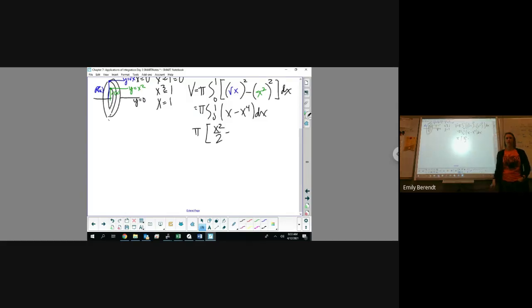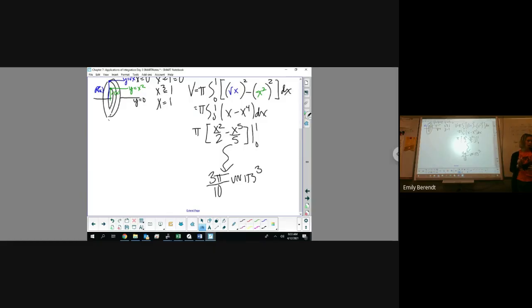X to the fourth becomes x to the fifth over 5, evaluated from 0 to 1. And then this one is 3/10 pi, or 3 pi over 10. Remember that you do f of b minus f of a.